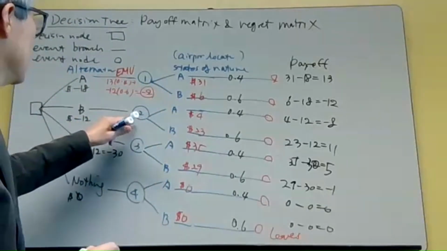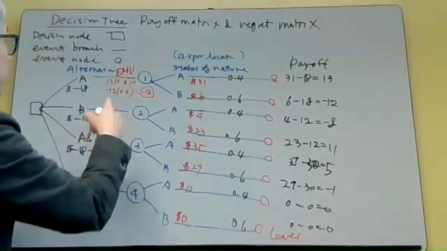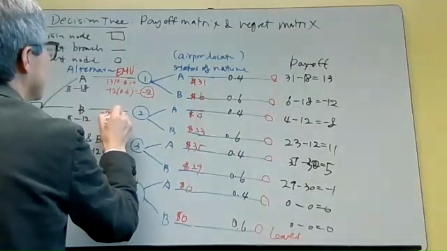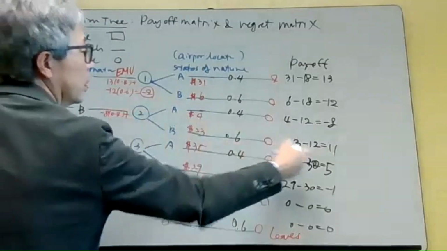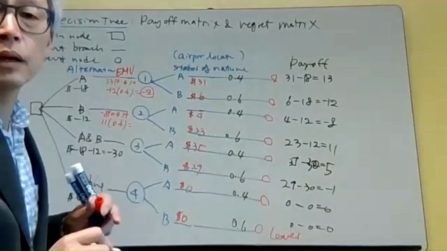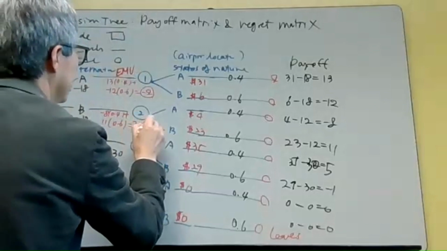Then the second alternative B: EMV will be minus 8 times 0.4 plus 11 times 0.6, which is 3.4. Yeah, 3.4.